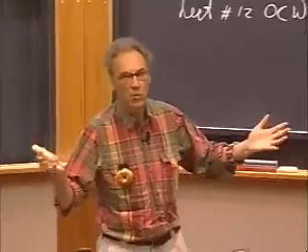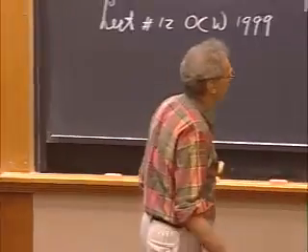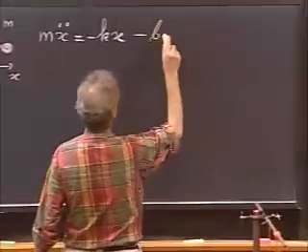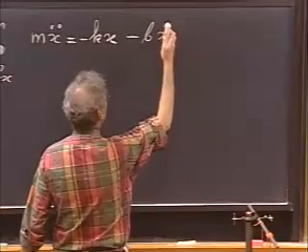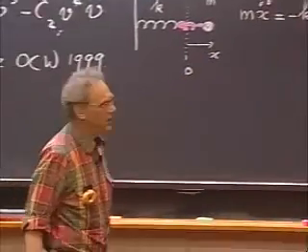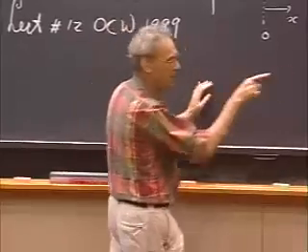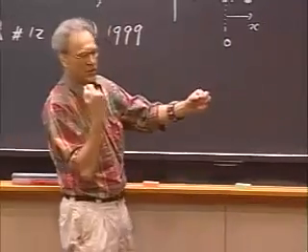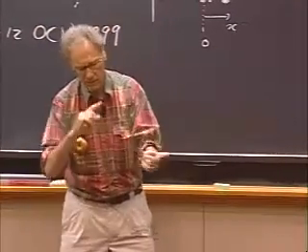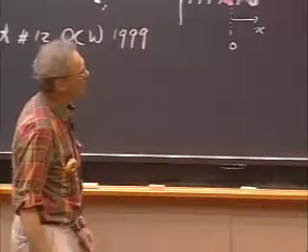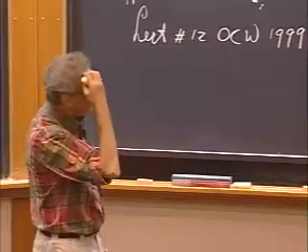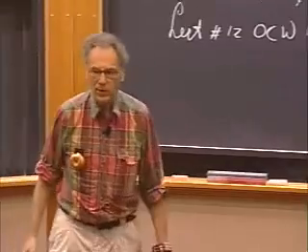We don't call it C1, we call it B. In other words, we have minus B times x dot. x dot is a vector, it's a velocity. And if the velocity is positive, then the force is in this direction. If the velocity is negative, then the frictional force is in that direction. So that now is the differential equation that we have to solve.